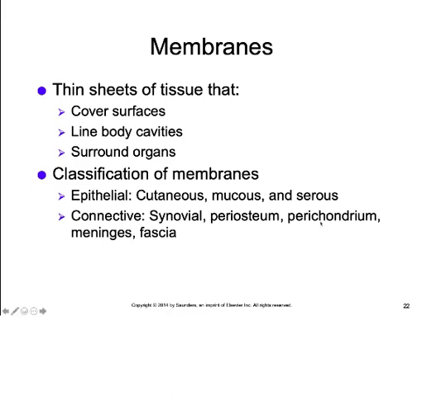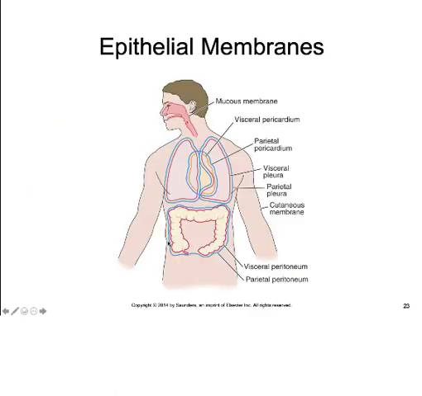Perichondrium, which provides a blood supply to the cartilage and also a source of cartilage cells. Meninges, which line the central nervous system and basically stabilize and protect the brainstem and the spinal cord. And then finally fascia, which is connective tissue that attaches the skin to the underlying muscle.